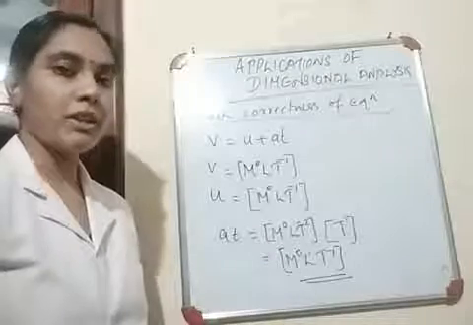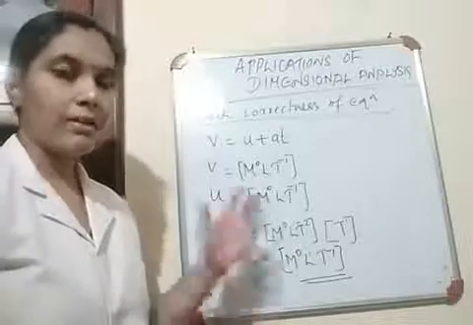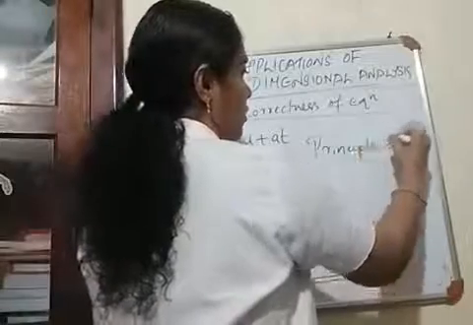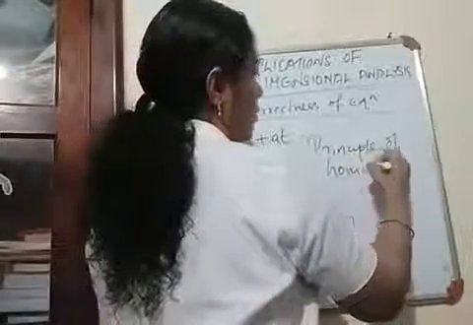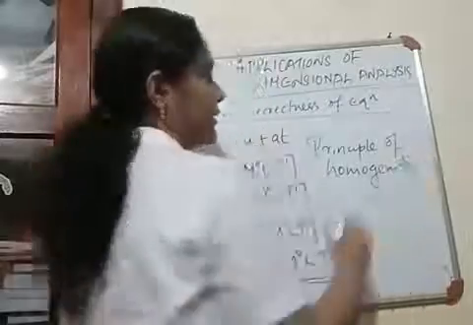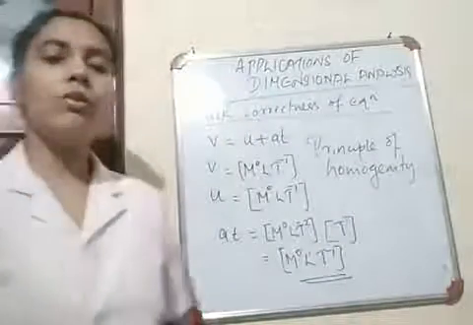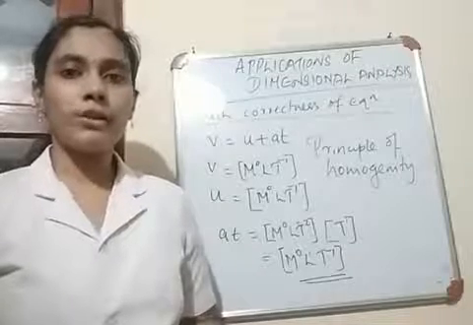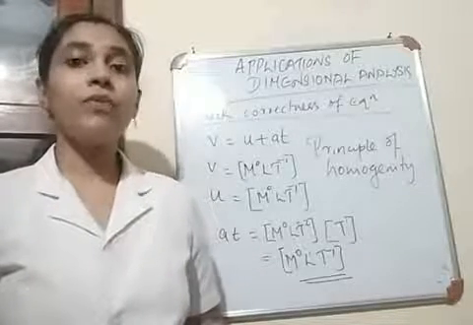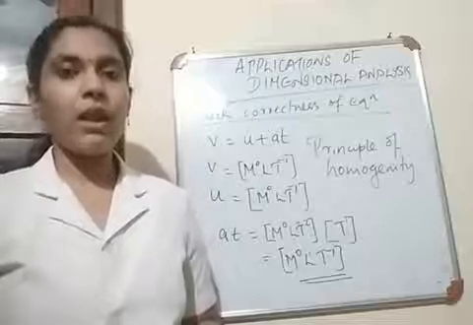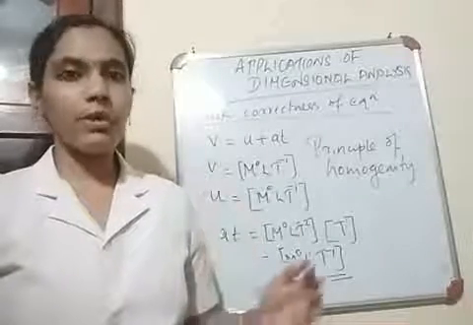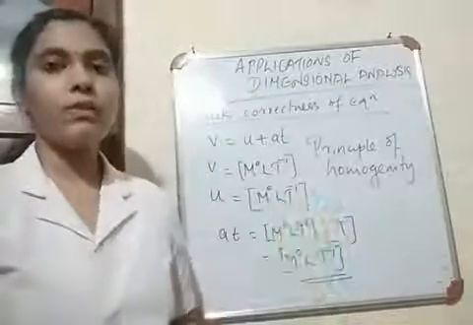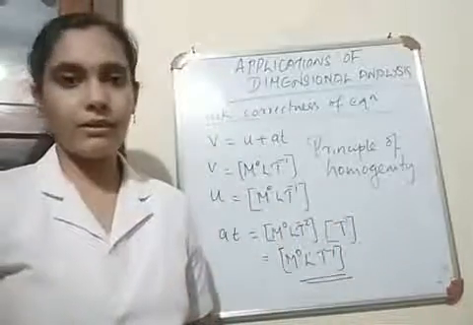That means the equation is consistent. So how will you apply dimensional analysis to check the correctness of an equation? Just find out the dimensions of each term in the equation. If all the dimensional formulas are the same, then the equation will be dimensionally correct. Okay.